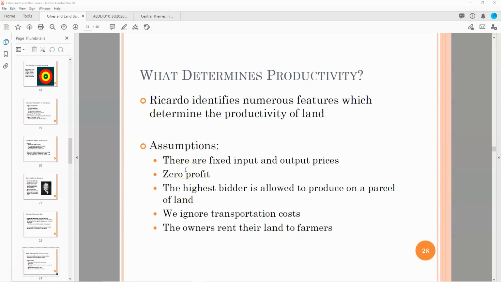First, there are fixed input and output prices. There is zero profit for farmers. The highest bidder is allowed to produce on a parcel of land, and we need to ignore the transportation costs. In his theory, the owners rent their land to farmers.